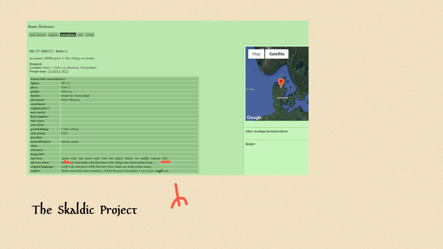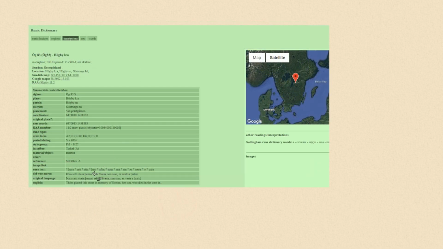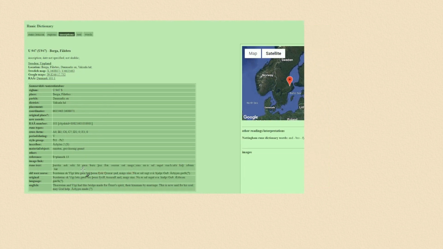So for example, in the word here, dreng, this rune is being used as that vowel. The same thing is going on here, and here, and here. And yeah, he gave other examples of runestones like this.